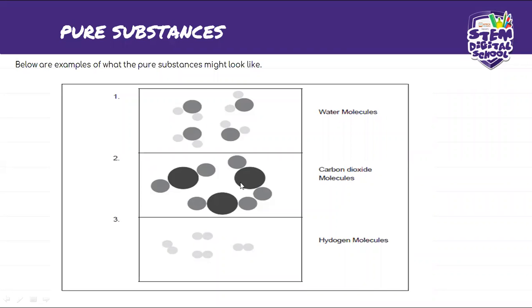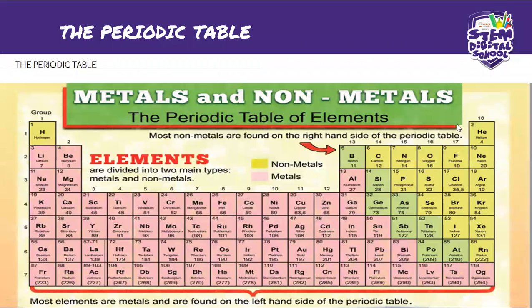You can see that they are only water molecules, only carbon dioxide molecules, and only hydrogen molecules. So these are typical examples of pure substances. And you remember we said examples of a pure substance are elements and compounds. So hydrogen is an element, and water is a compound. Very good. All right, let's proceed.